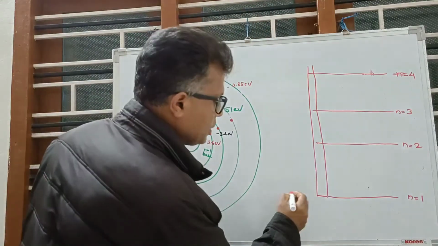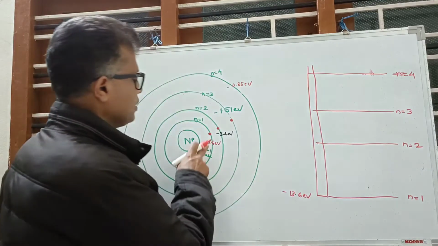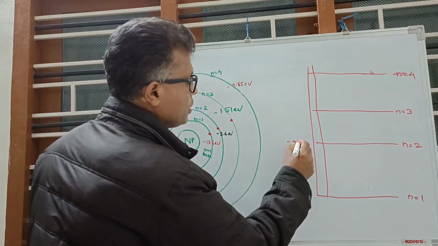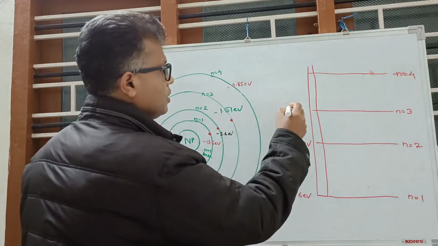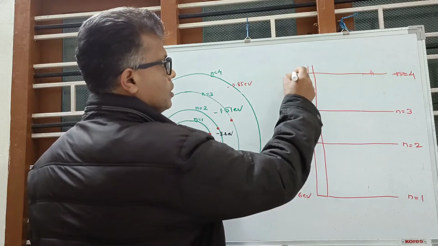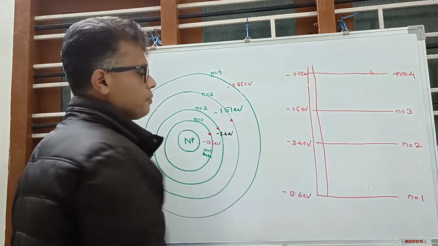Okay, how much is the energy here? Minus 13.6 electron volt. Here it is minus 3.4 electron volt. Here minus 1.5 electron volt. Here minus 0.85 electron volt.